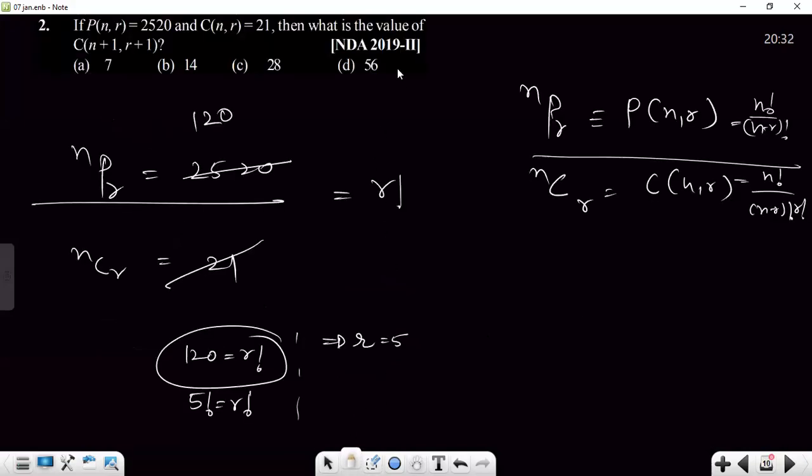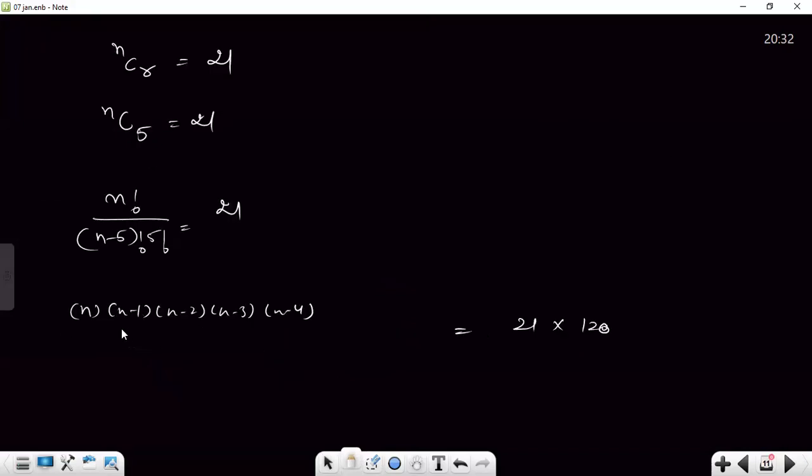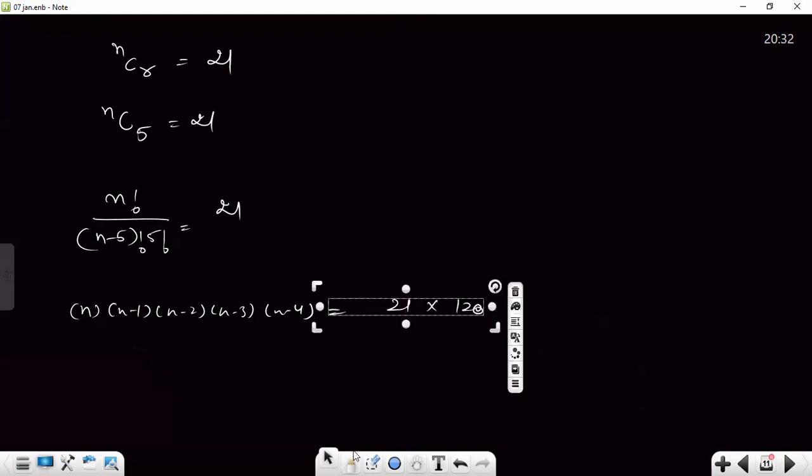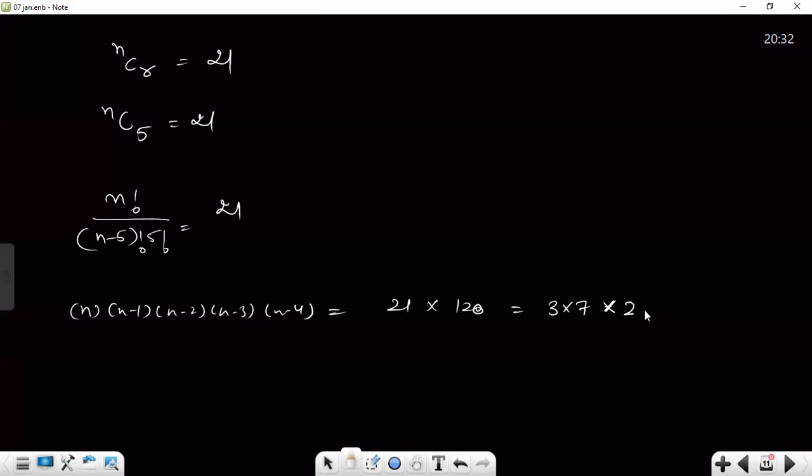That's a long calculation. It would be better if we can somehow prime factorize this and try to find the same numbers instead of solving this big calculation. So let's try to simplify. 21 can be written as 3 into 7. 120 can be written as 2 into 60, 2 into 30, 2 into 15, 3 into 5.